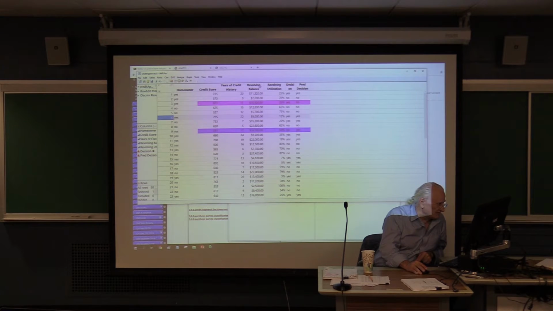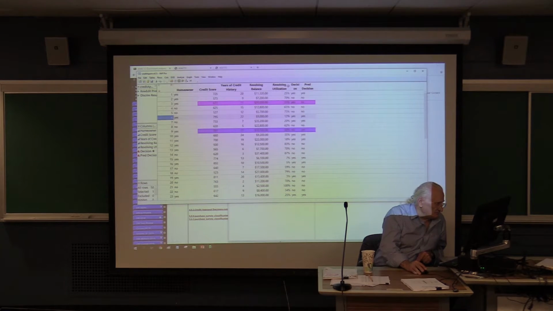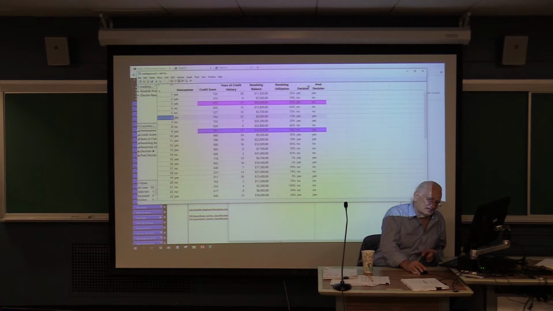We have seen this data file with KNN. In fact, after I do this with discriminant analysis, I'd like to do this with KNN quickly and then do a model comparison. Okay. So this data is not ready because homeowner needs to be with zeros and ones. We need to dummify the data.